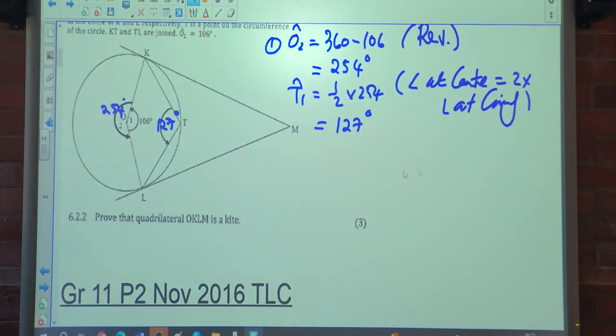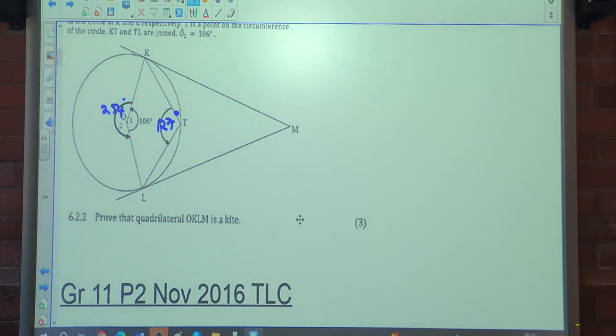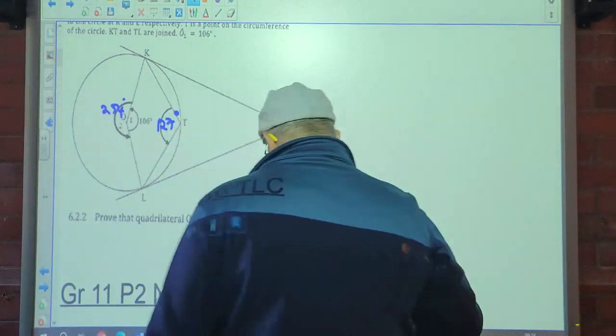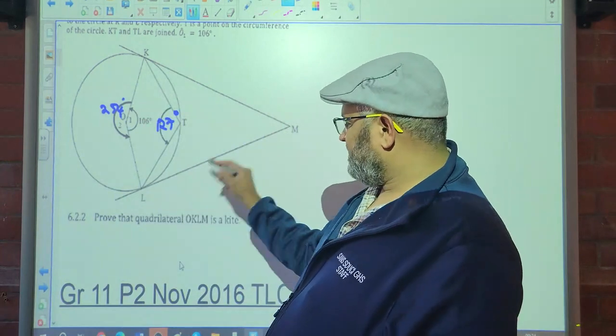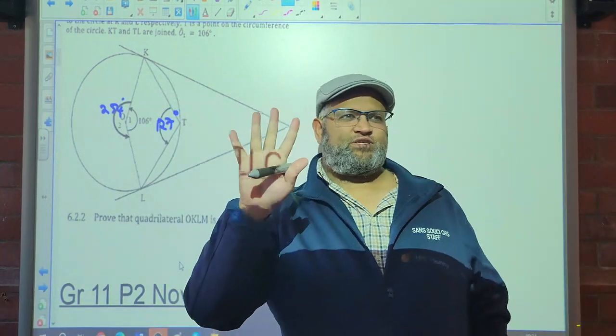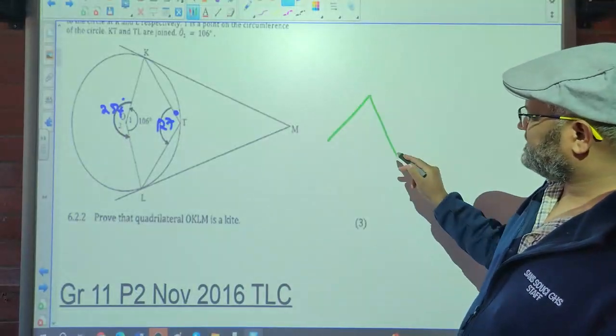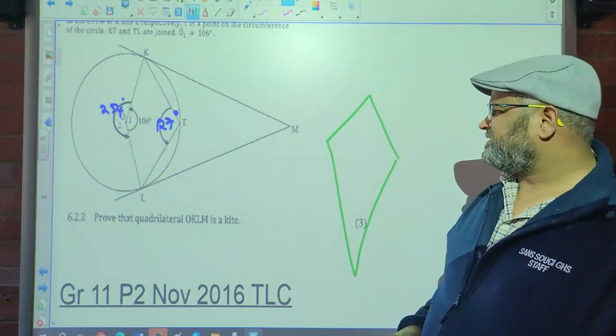Next question. Since we calculated this already on the diagram, it says prove that OKLM is a kite. There are 5 properties of a kite. What are the 5 properties? If this is a kite, what are the properties?